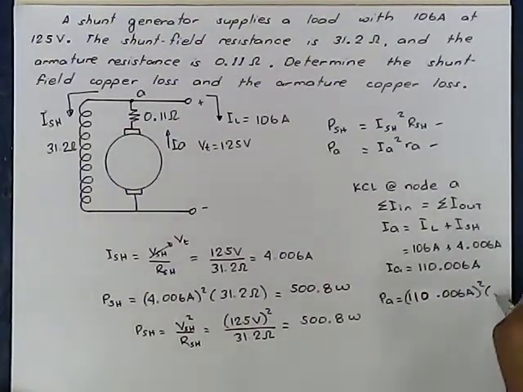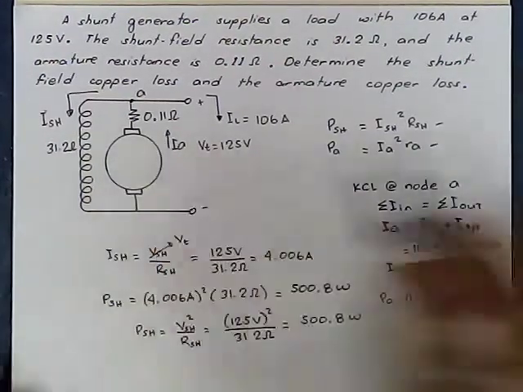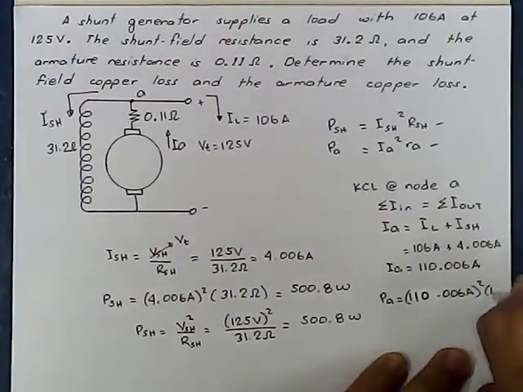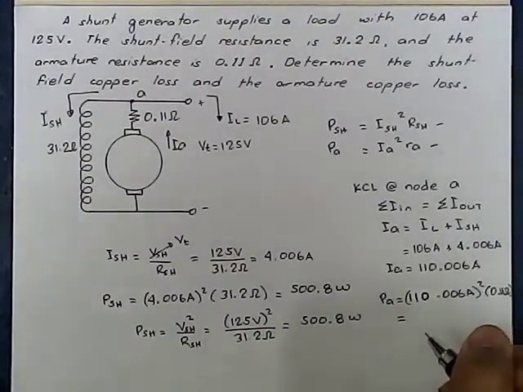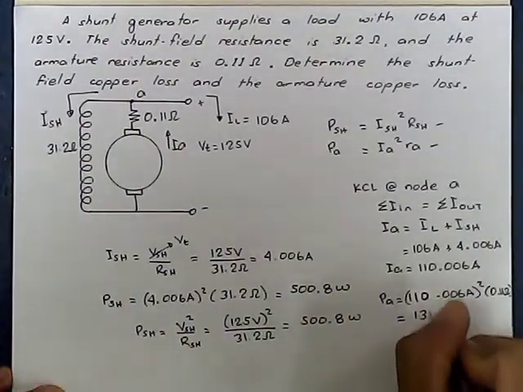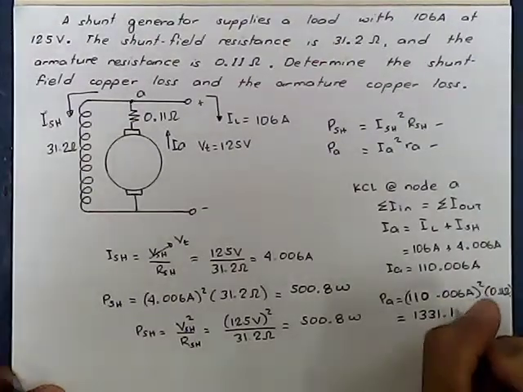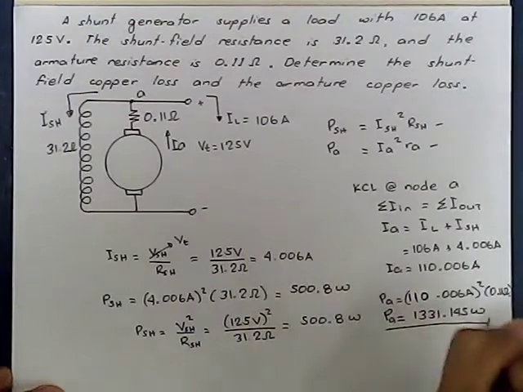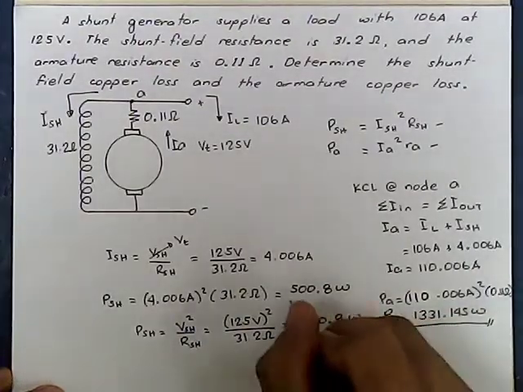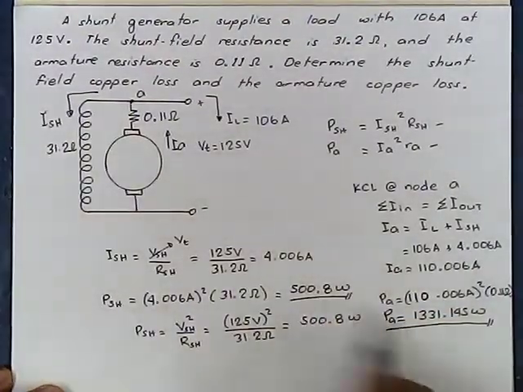Square that, multiply this by 0.11 ohms. At magbibigay sa atin ito ng 1,331.145 watts. So, ito po yung ating mga sagot dyan.